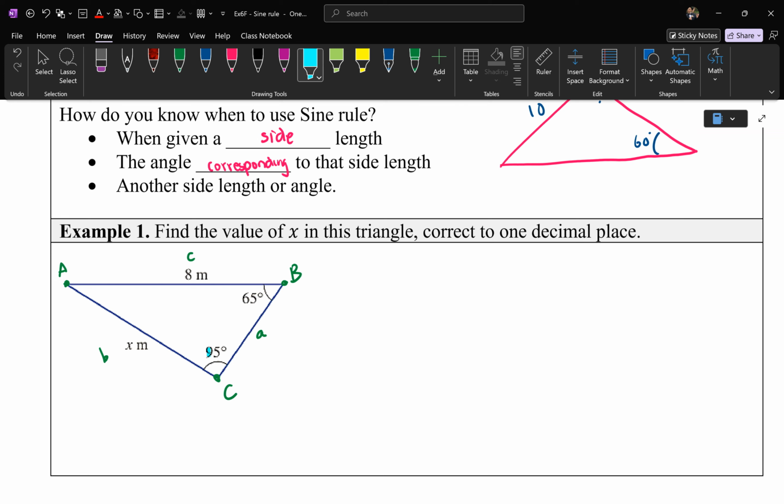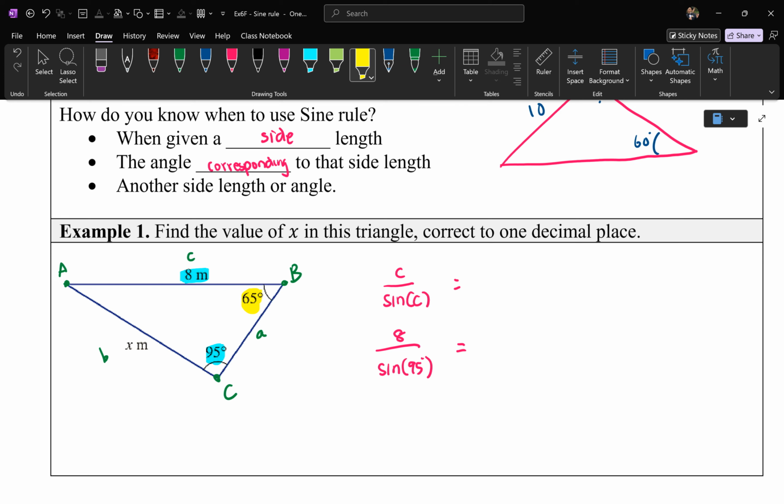So what I can see is I've got 95 degrees. It corresponds to 8. So I've got big C and little c. So here we can say little c over sine big C is the same thing as saying 8 over sine of 95 degrees is equal to, and what else have they given me? They give me another angle. And remember, they have to give a corresponding side length.